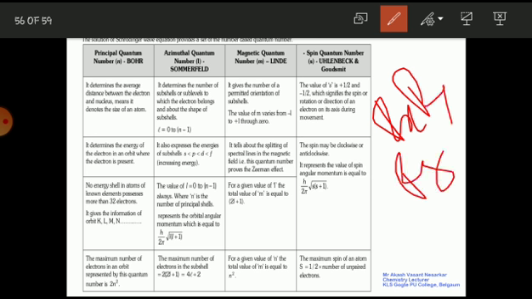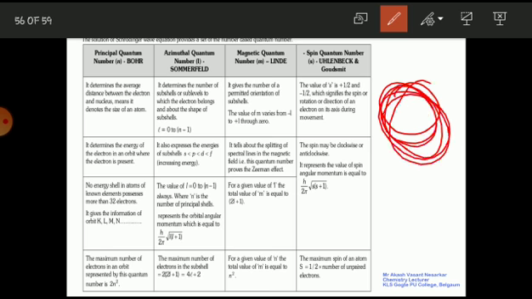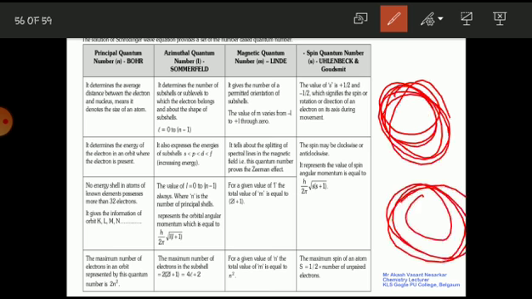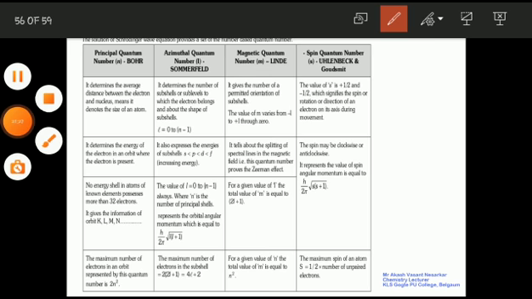The magnetic quantum number gives the orientation of the subshell from minus l to plus l. If l is equal to 1, then m can have the values minus 1, 0, plus 1. And the spin quantum number gives the direction of rotation of the electron, whether clockwise or anti-clockwise.